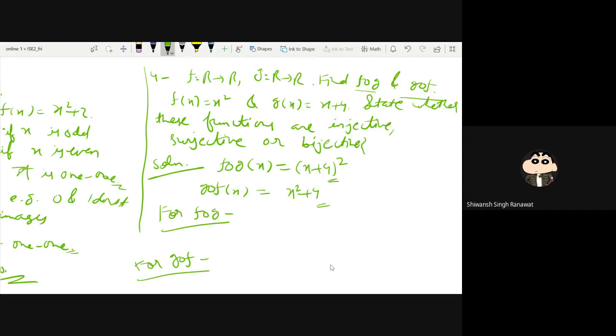No, ma'am, it's not 1 to 1. Why? Because it is a square, so even if we put the value of x like, for example, -2 and x value is -6, both will give the same answer. Counter example we need to give, right? Means if this x plus 4 is positive or negative, but the same number, then square will give the same. So not 1 to 1.